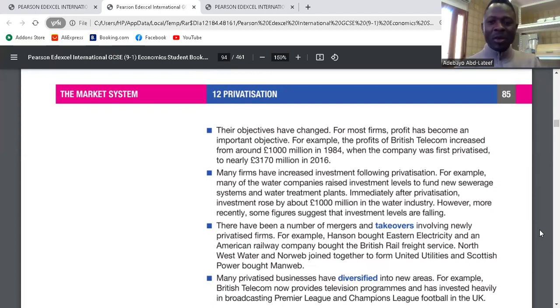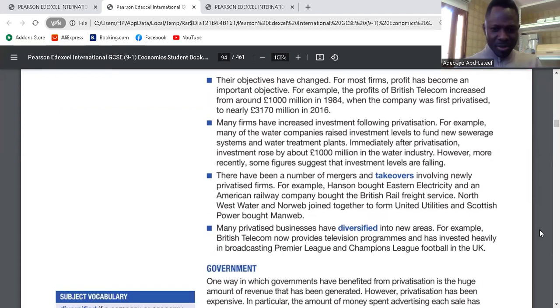They said there have been a number of mergers and takeovers involving newly privatized firms. Well, all in all, with privatization, it brings about diversification. It means if a business is buying from the government, it's buying a government-owned business for commercial purpose, to make profit. So whatever it needs to do, it will be able to do it.